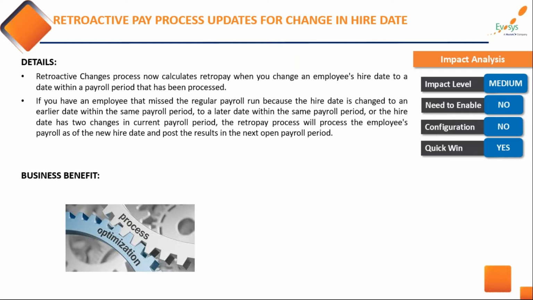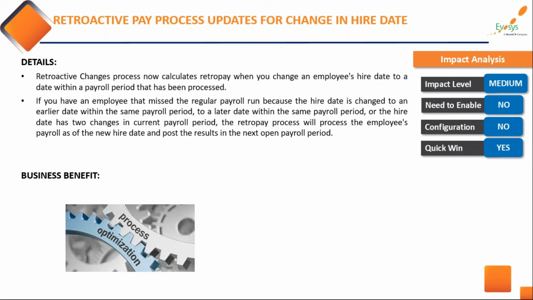With this update, if you are changing an employee's hire date, the system will detect that as a change. And if that hire date goes to a period which has already been processed in the payroll, then the payroll calculation will be done and posted in that open payroll period.